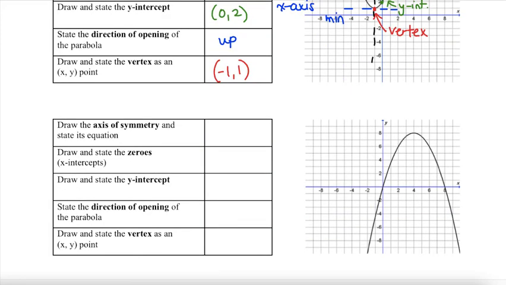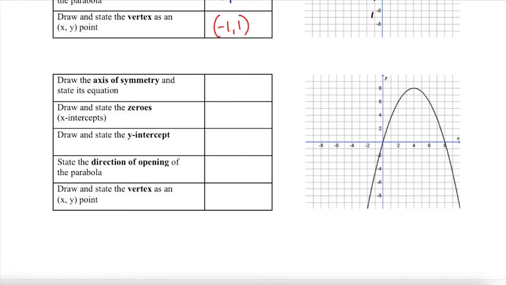Let's do one more example. I'm going to start by identifying my y-intercept. It crosses the y-axis right here at the origin. So this is my y-intercept. My y-intercept is at 0, 0. Where are my zeros, or my x-intercepts?